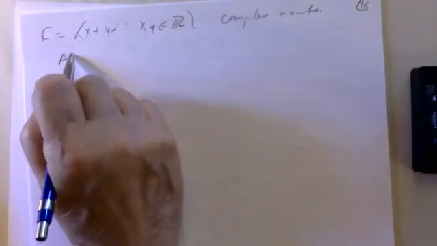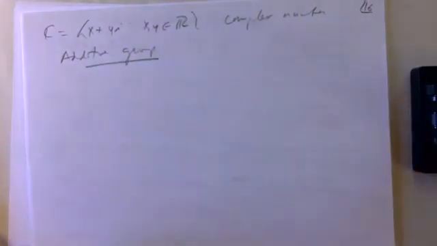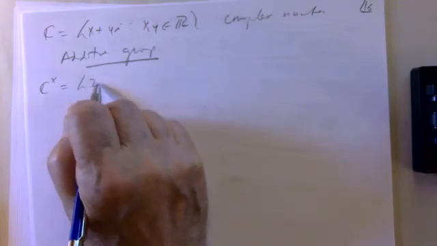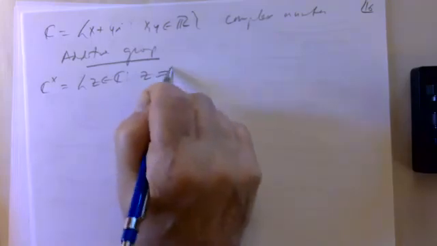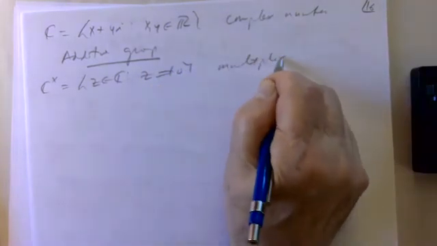So these are an additive group. We have C star, which is all complex numbers not equal to 0. This is a multiplicative group.